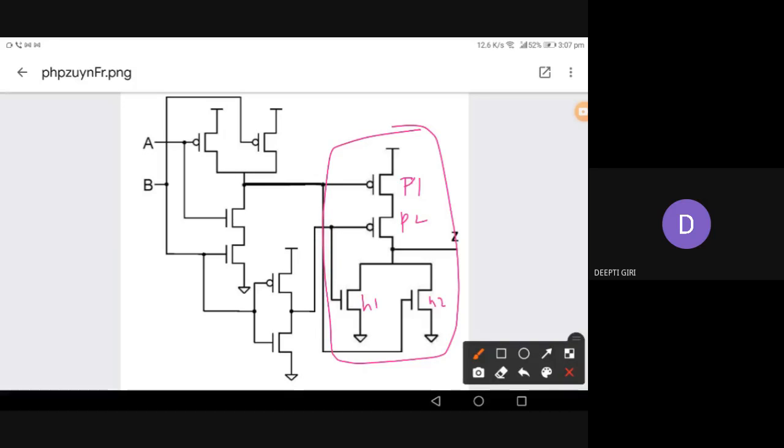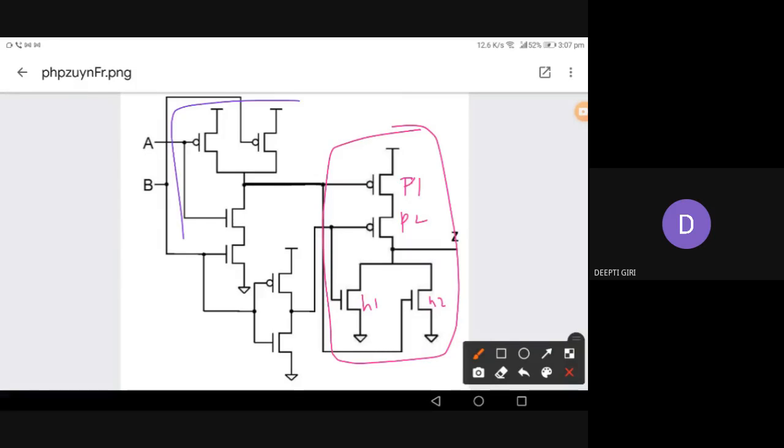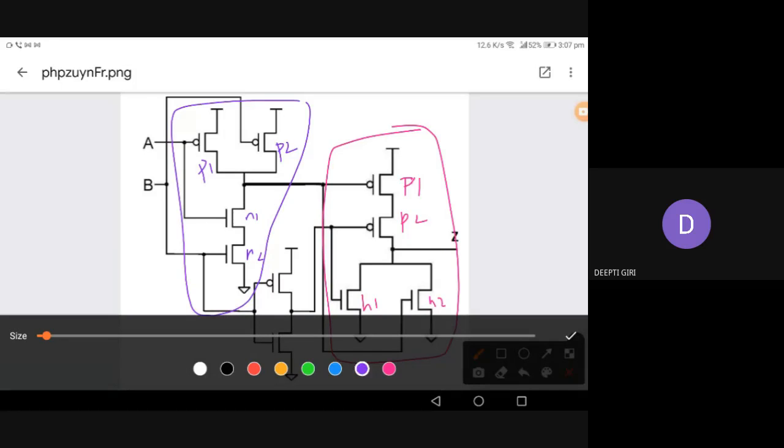Again, this other circuit is also something which we already discussed. Here two NMOS are in series, N1 and N2, and PMOS are in parallel, P1, P2, for example. And this last circuit also we have discussed.